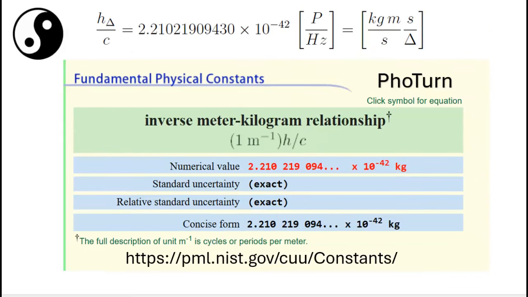So there's another constant that I use a lot in modified unit analysis, and that is Planck's constant divided by the speed of light. When you take Planck's constant and divide it by the speed of light, it converts it from an energy constant to a momentum constant.